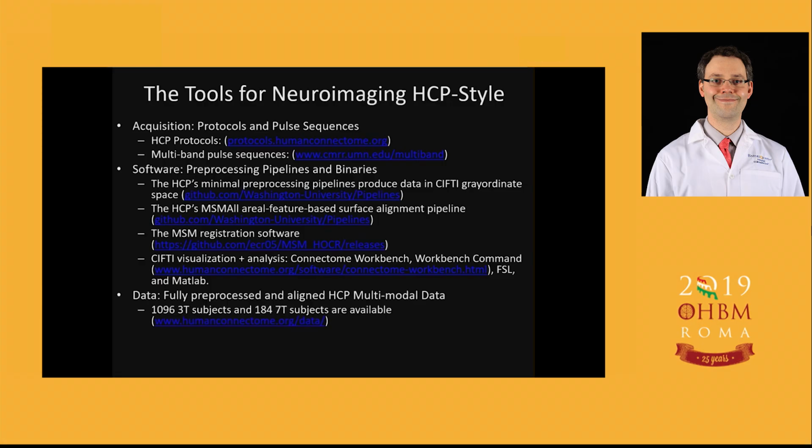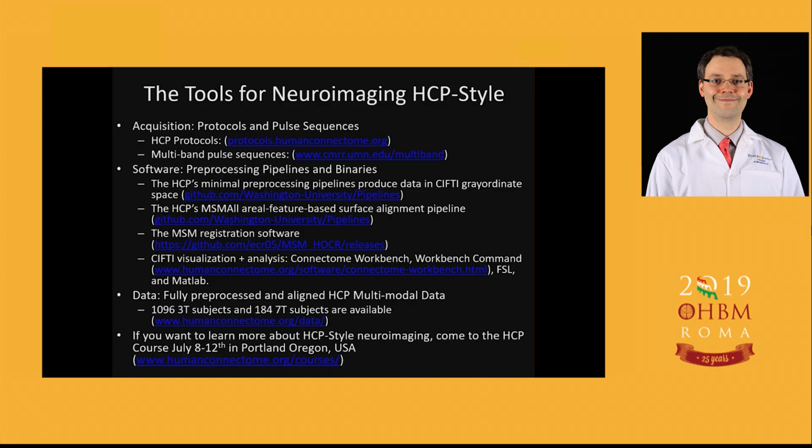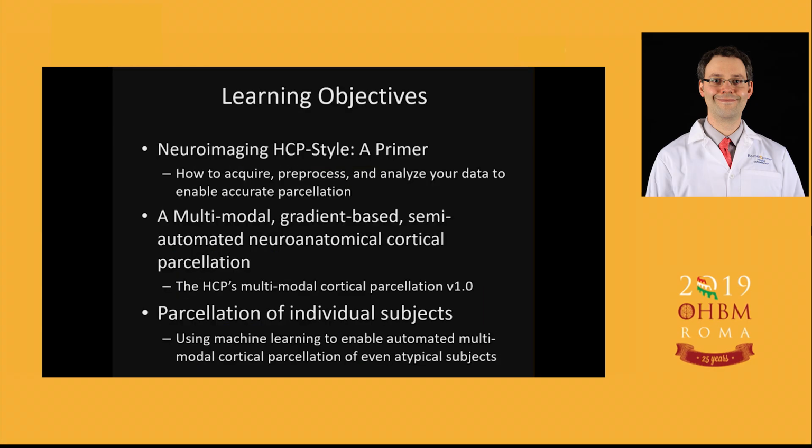Connectome Workbench is at humanconnectome.org. The fully preprocessed and aligned multimodal data of just under 1,100 subjects is available at humanconnectome.org. And then finally, there is still time until about maybe the end of this week, if you're interested in these topics, to come to the HCP course in Portland, Oregon, which is in July.